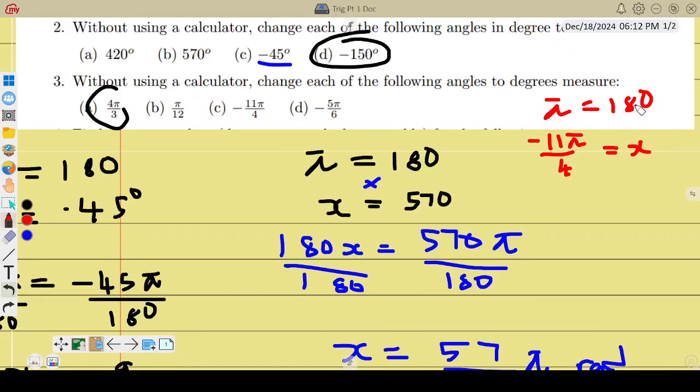So the job is just to multiply 180 by this. So you simply divide 4 into that and then you multiply, and then you divide by pi. I have answered this, so you can answer this one without much difficulty, and you can try this as well. Yeah, so don't be so lazy.